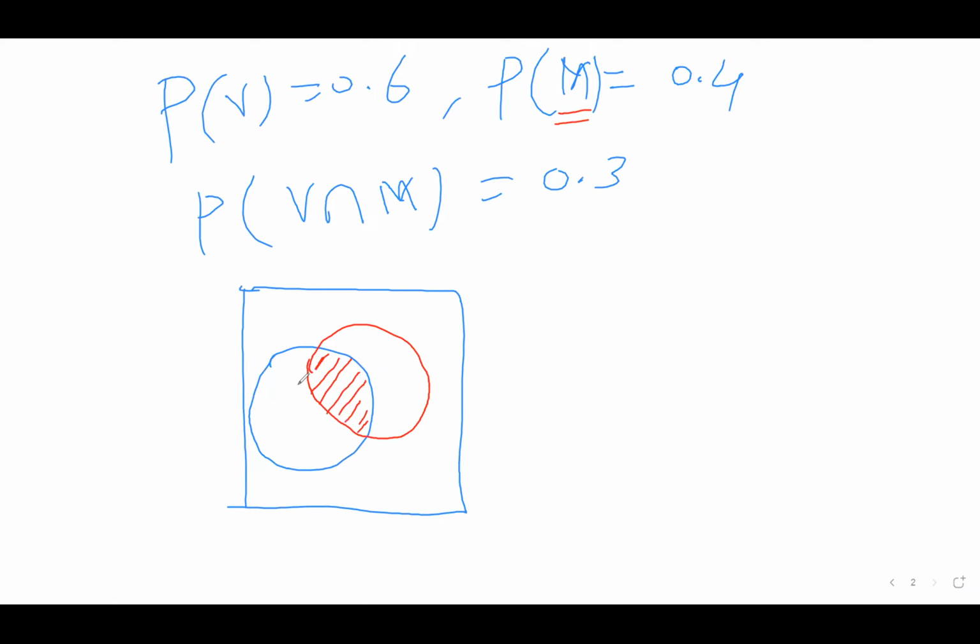So what is the probability of the intersection? V intersection M? 0.3, right? So this area is 0.3. Now the probability of V is 0.6. So what should be the area of this part? The total probability for V is 0.6, right?